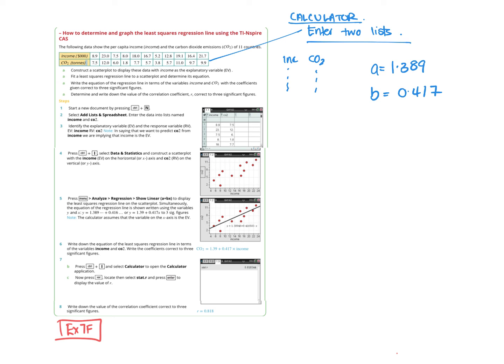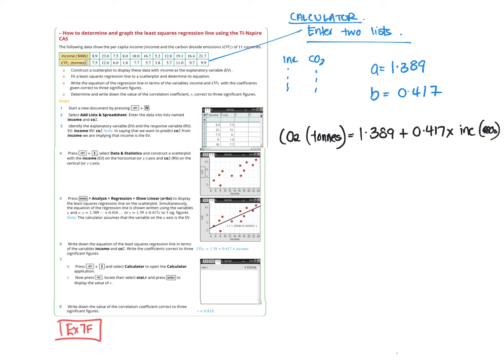Now if you had to write the equation, what we would write is CO2, and we'll put the units in brackets, so CO2 in tonnes equals the A value, 1.389, plus the B value, 0.417, times the income, and we better put, it was in thousands, so just put whatever they had in brackets in there.